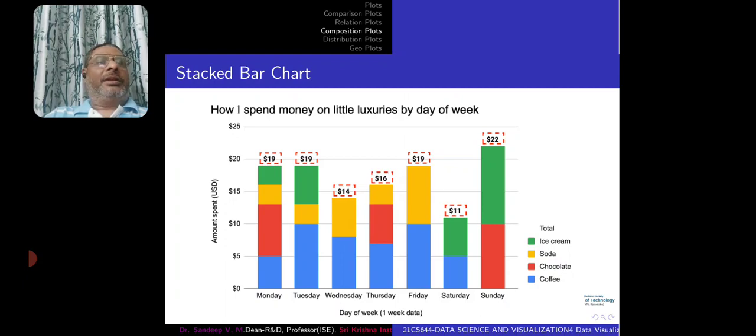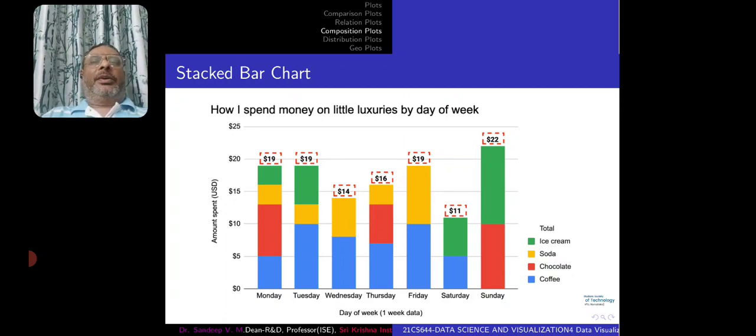Like on Wednesday, it is only soda and coffee, and on Friday, it is soda and coffee, whereas on Saturday, it is ice cream and coffee, and Sunday, it is ice cream and chocolate. So that's one example of a person's weekly spending day wise.